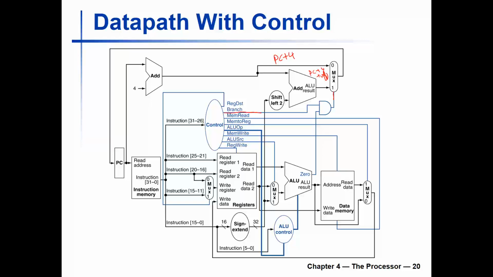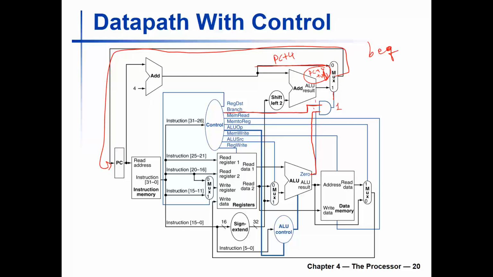We have a control signal called branch, which is active if I am executing a branch instruction, and the zero flag. If both of them are ones and the output here is 1, it means I need to select the branch target, PC plus 4 plus offset. Otherwise, the PC will be updated as PC plus 4. I take this value and update the PC, and access the instruction accordingly.